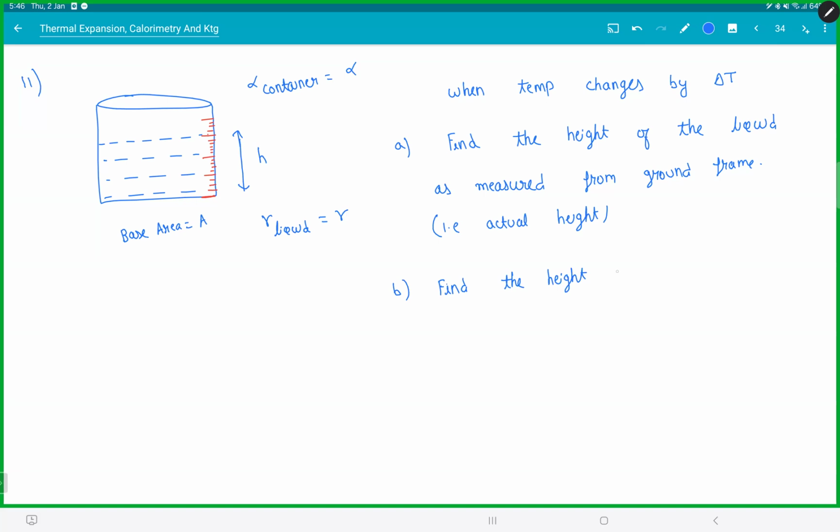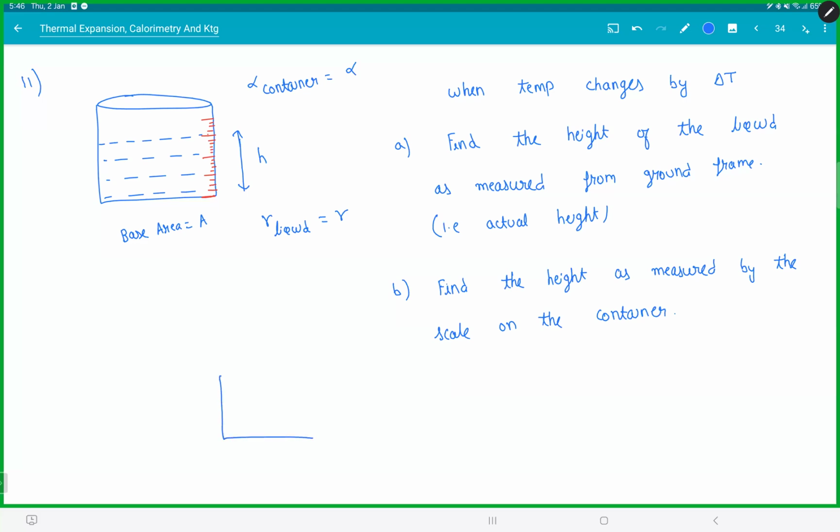Find the height as measured by the scale on the container. Are you getting the difference between both the questions, everyone? I'll give you an example.